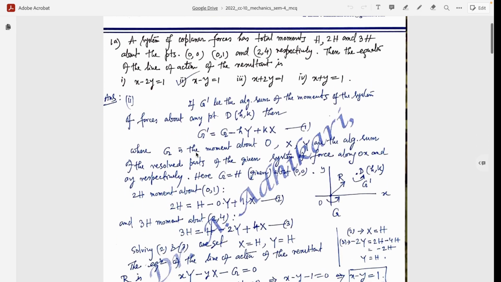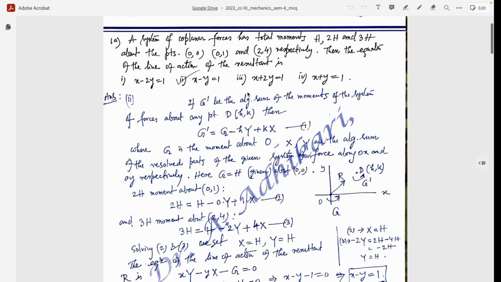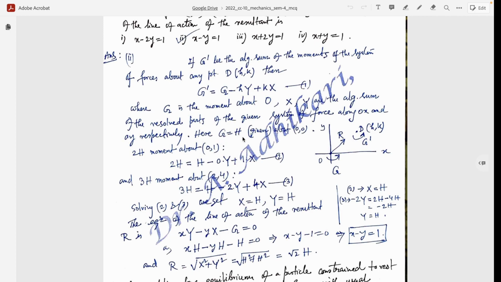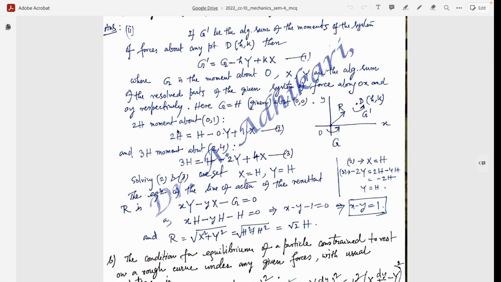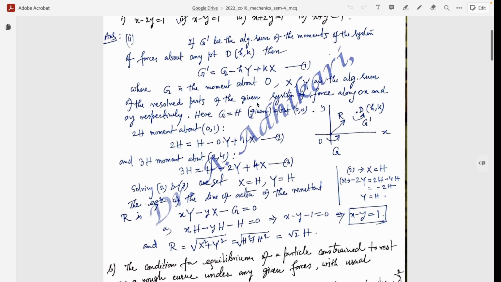Here G equals capital H, because it is given in the question that the moment is H about the origin (0, 0).